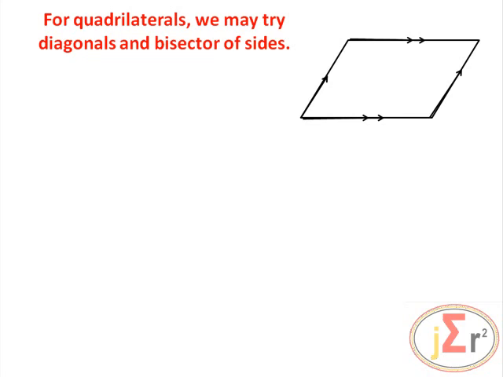So, if this quadrilateral or any quadrilateral at all will have an axis of symmetry, it will have to be either a diagonal or a bisector of sides. So what we will do, we will include those bisectors of sides and also the diagonals, and see if the diagonals are actually lines of symmetry. That is, if they divide the object into halves that are mirror images of each other.